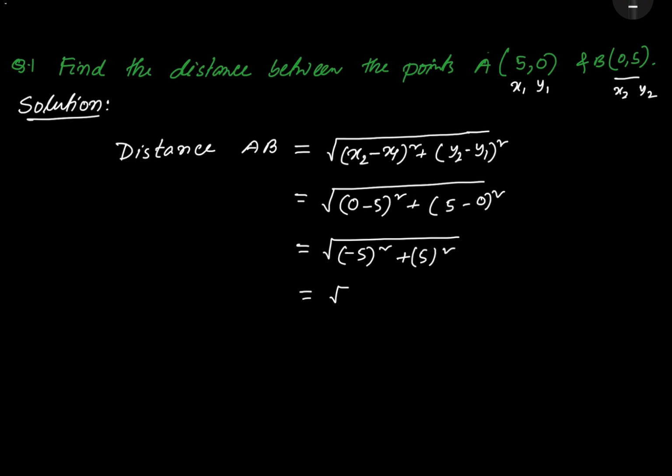Now 5 square is 25, here also 25. So 25 plus 25, I can write 2 times 25. 25 square root is 5, so it will be 5 root 2 unit. This is the answer.